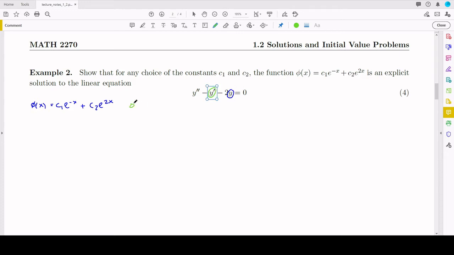So we need phi prime of x equals the derivative of this. The derivative of the exponential function is itself, but because of the chain rule, we get a negative c1 e to the power negative x, and then the 2 moves to the front, so we have plus 2 c2 e to the power 2x.